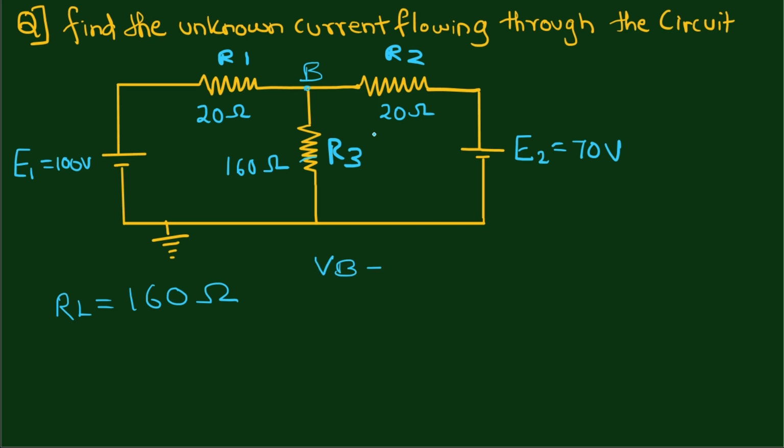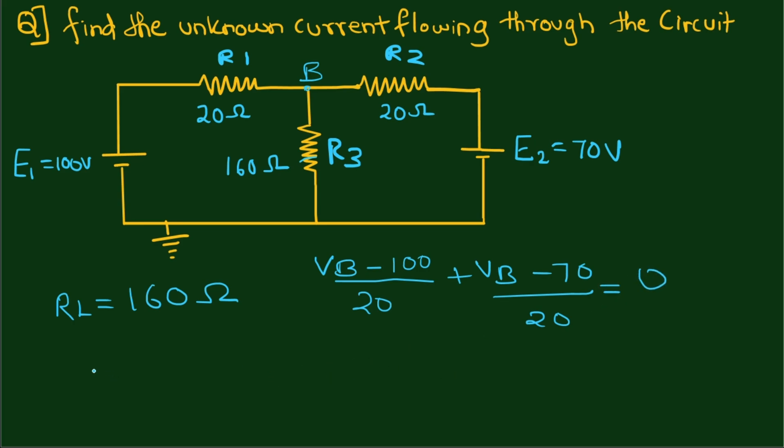When we apply Kirchhoff's current law at node B, we get (VB minus 100 volts) by 20 ohms plus (VB minus 70 volts) by 20 is equal to 0.